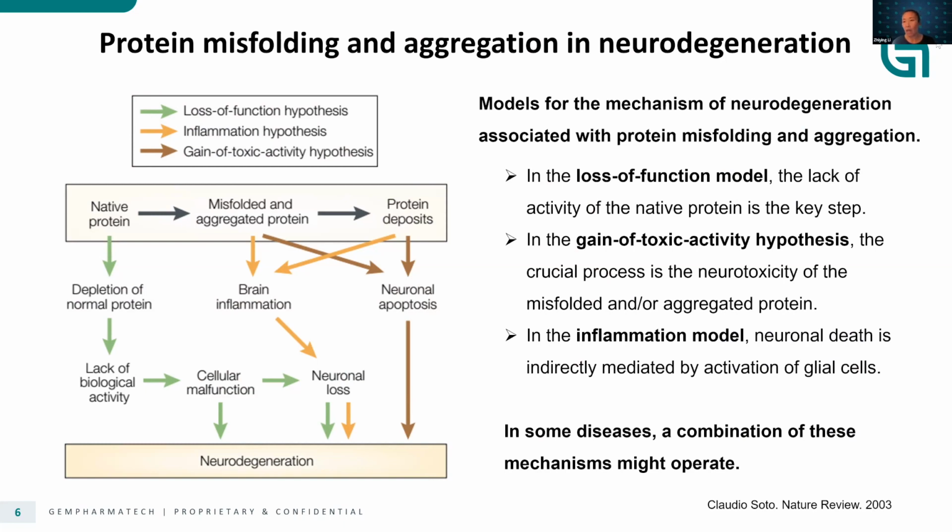However, they seem to have a common causal effect in leading to 3 phenotypes or pathogenesis. One is a loss of function of the native protein. The second is a gain of toxicity due to the misfolding or aggregation. And finally, the aggregation seems to lead to inflammation in the nervous system and then to neuronal death in the end.